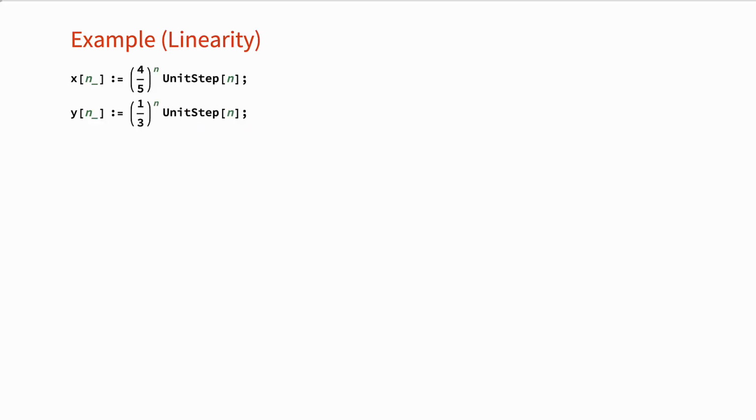For example, given the two sequences x of n and y of n as defined here, let's use linearity to find the DTFT of the difference of the two sequences. According to the linearity property, the DTFT of x of n minus y of n is equal to the difference of the Fourier transform of the two sequences.